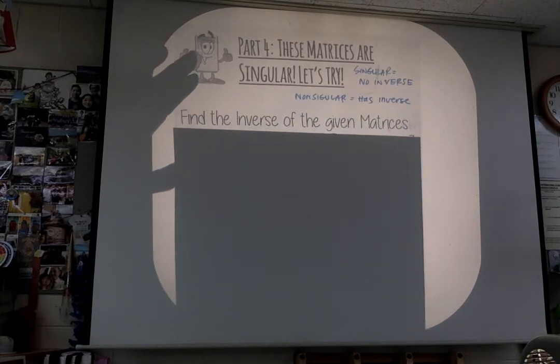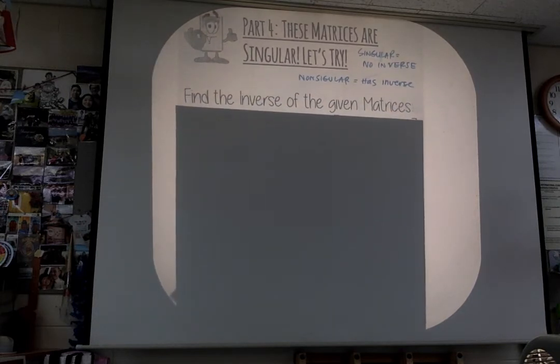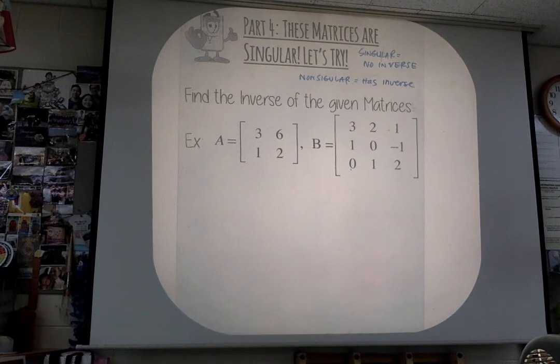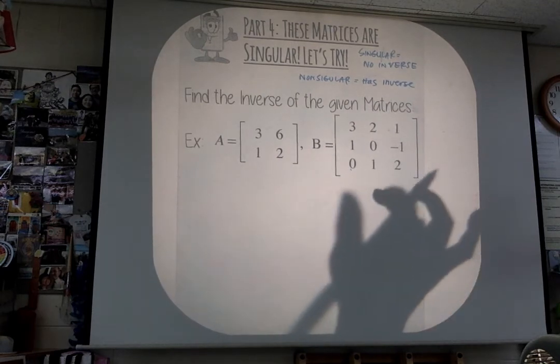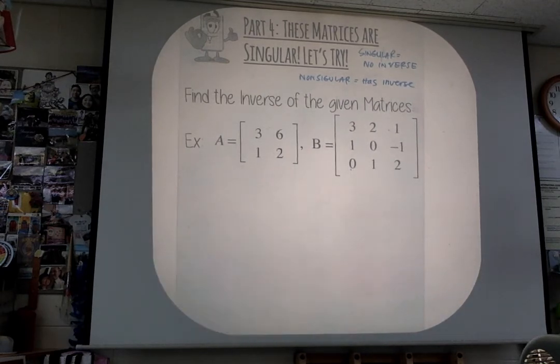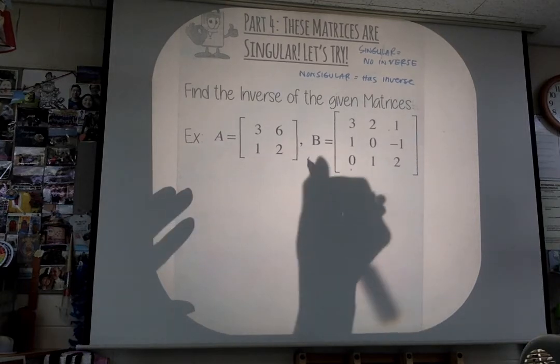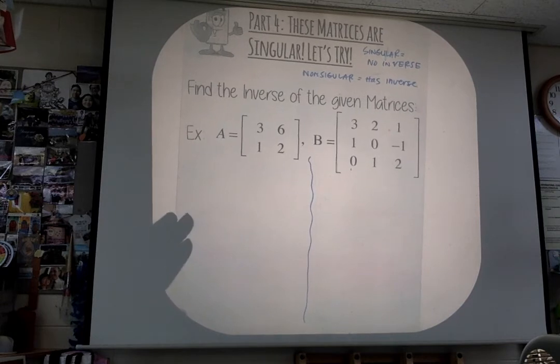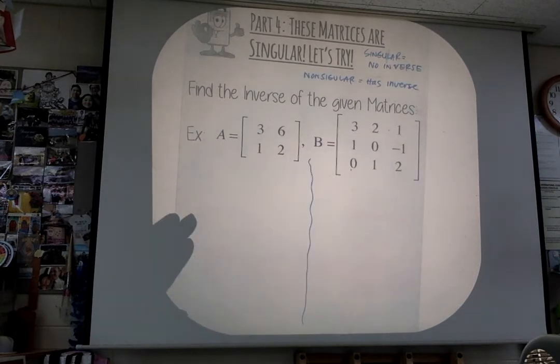Find the inverse of the given matrices. We have these 2 matrices here, a 2×2 and a 3×3. Notice these are both square matrices, because only square matrices can be singular or non-singular. All right, so let's try this using our good old reduced row echelon way. Find the inverse of the given matrix.